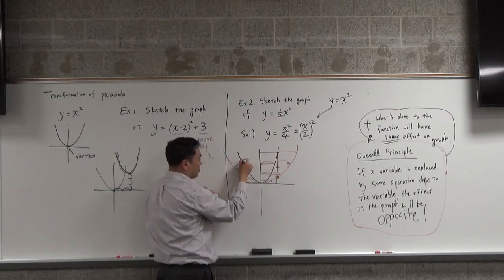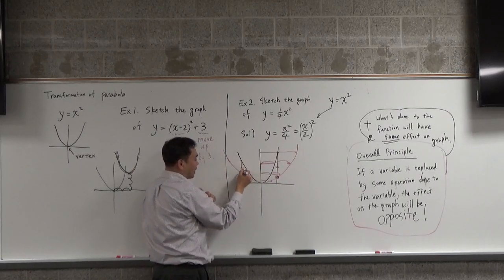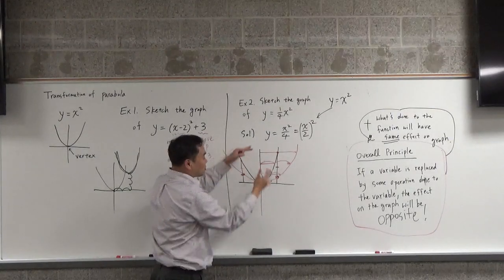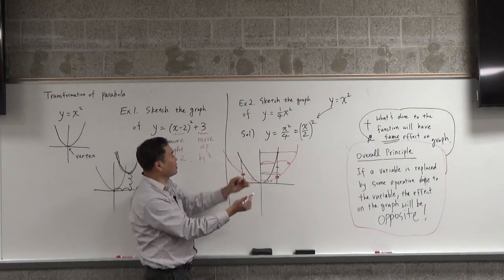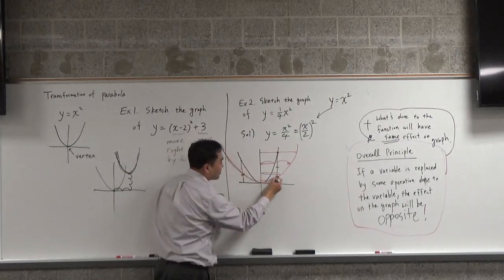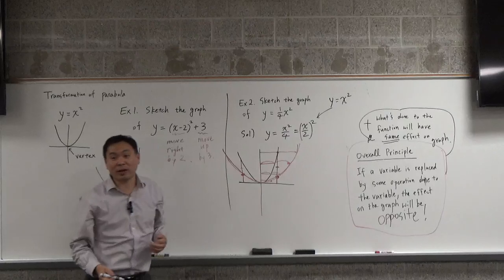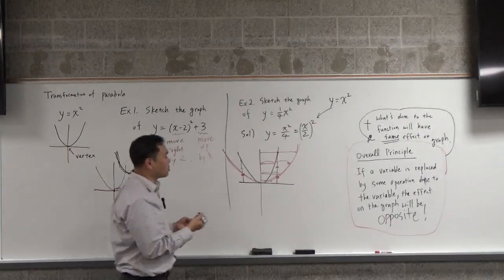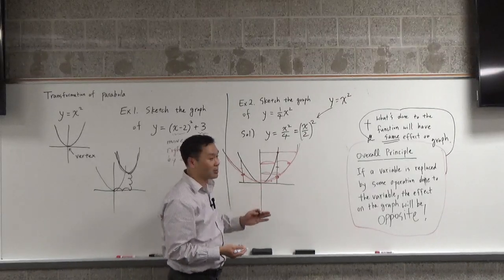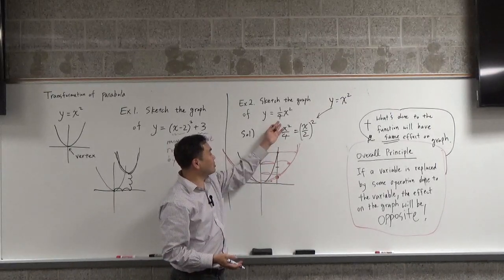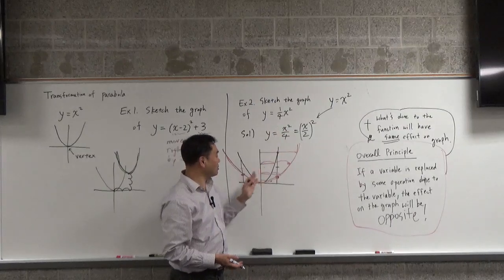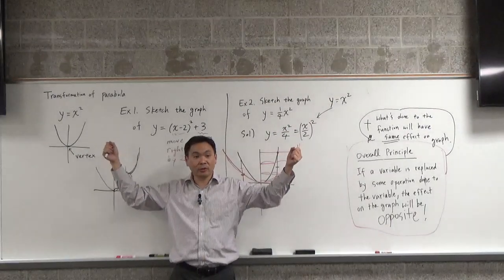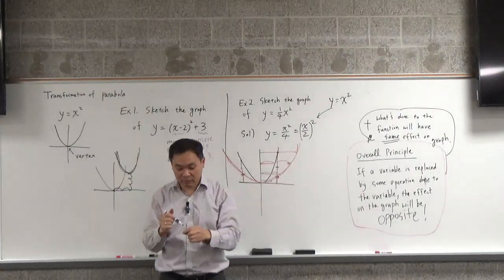So if you take this graph and compress it by 1/4, again, you get the same graph. Either way, you get the same graph, okay? And either way, the overall shape is that as you get something less than 1, the graph will be wider. Is that okay? You get a wider graph.